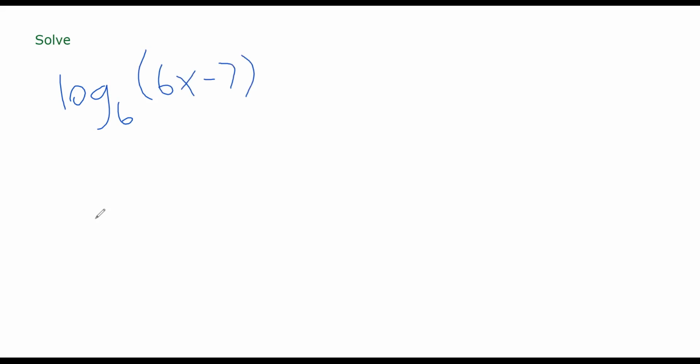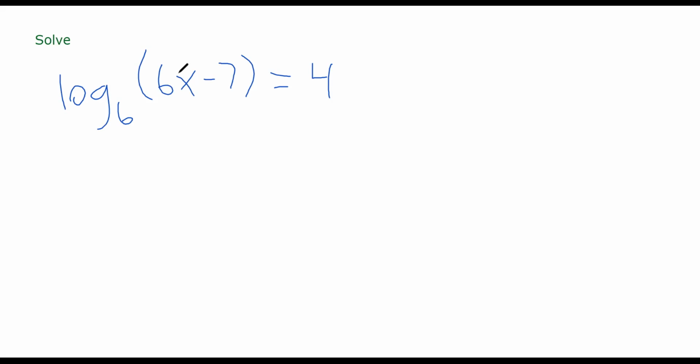So again, we're still trying to solve log base 6 of 6x minus 7 equals 4. So we look at that one.